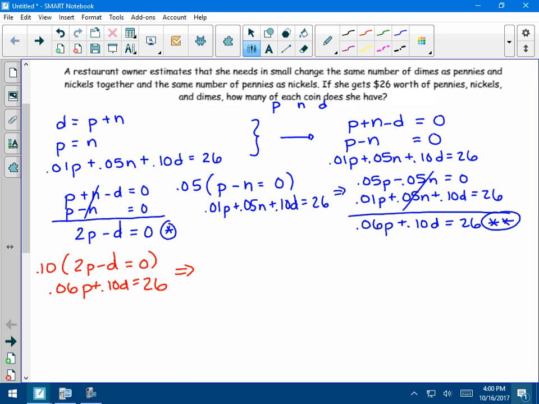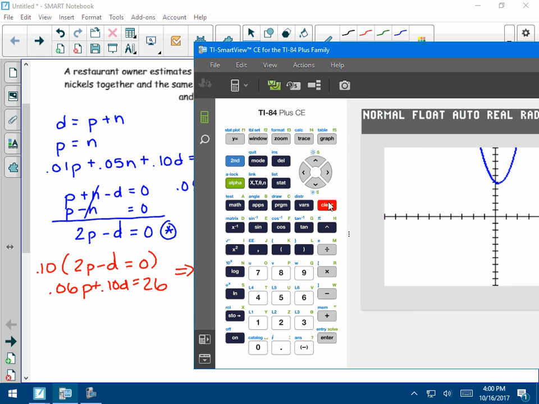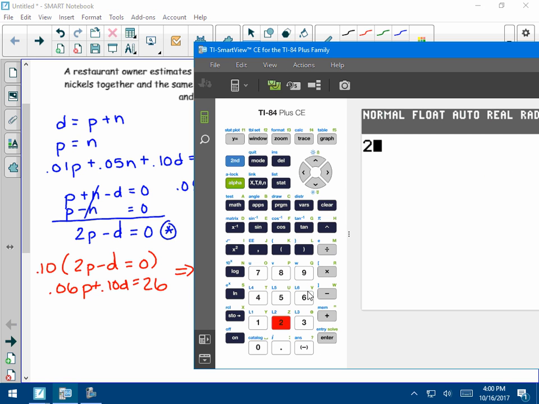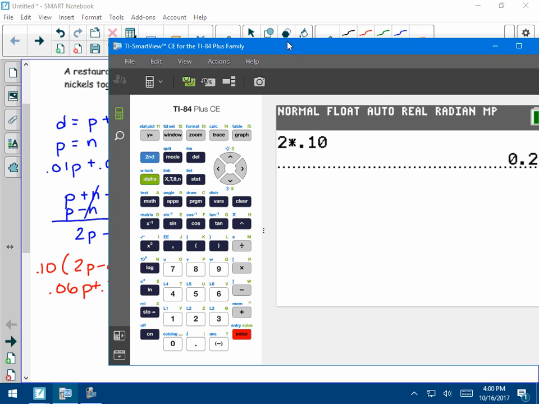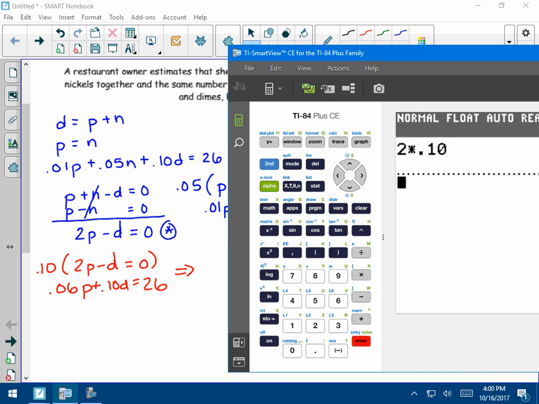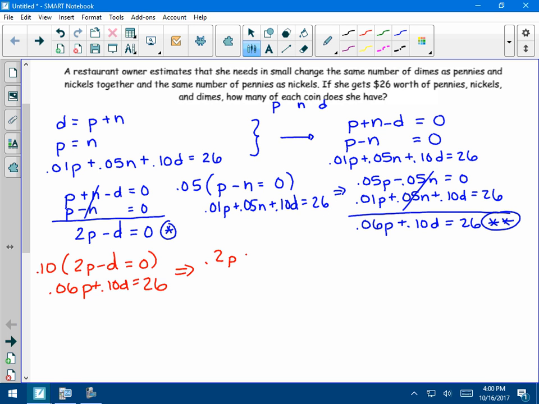If decimals mess you up at all, just to be safe, 2 times 0.10, which comes as no shock, is 0.2. So 0.2p minus 0.10d equals 0, added to 0.06p plus 0.10d equals 26.